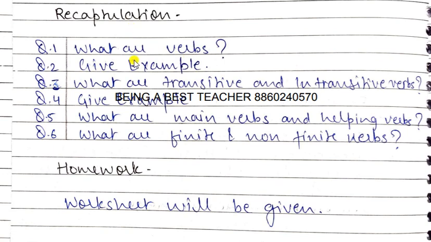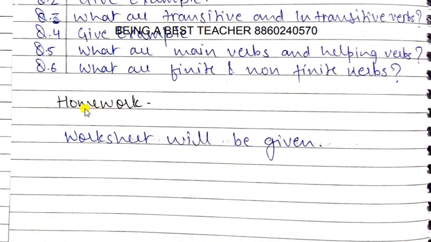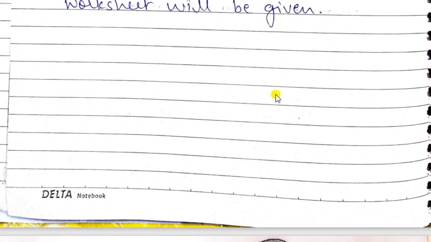Then recapitulate, this is very important so that you can check what students have learned, whether they are able to clear their concept or not. So you are going to ask some interesting questions. Apart from it, you can give any worksheet in this or something else, right? But here the teacher has planned a worksheet to be given in homework, right?